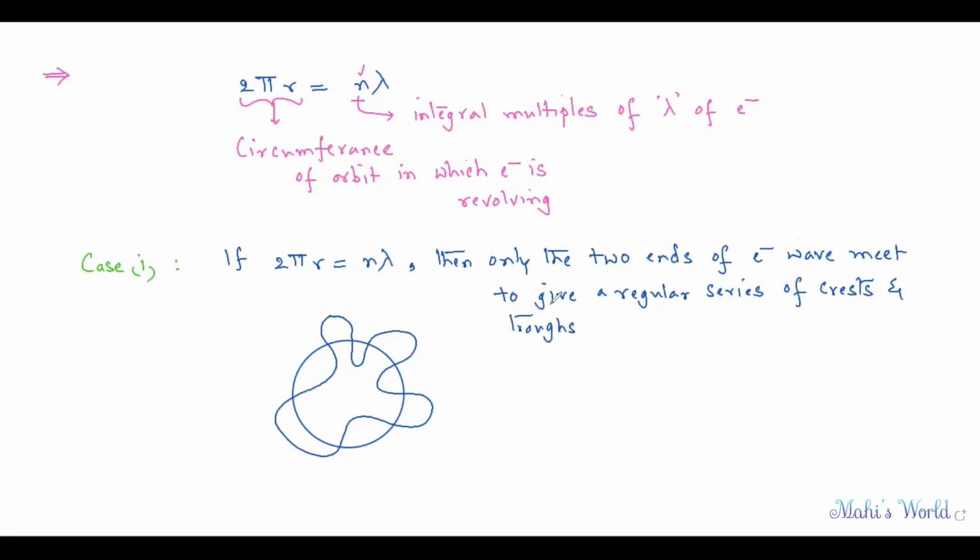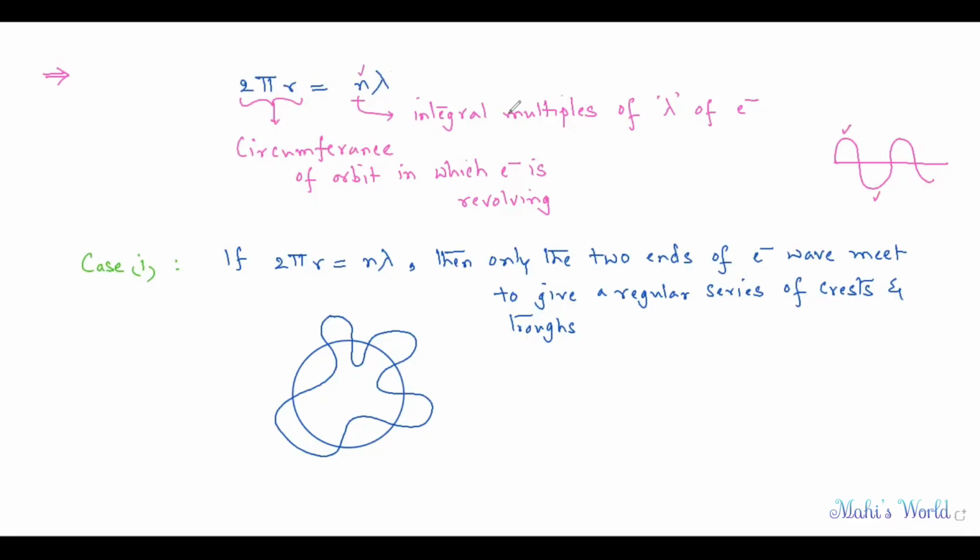You know what crests and troughs are? These are the crests, and these are the troughs. We know what a wave is. This is a crest and this is a trough. Now, if 2 pi r is equal to n lambda, then only you get this kind of thing.